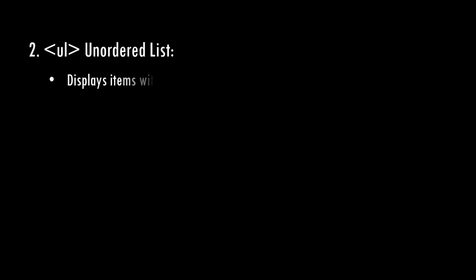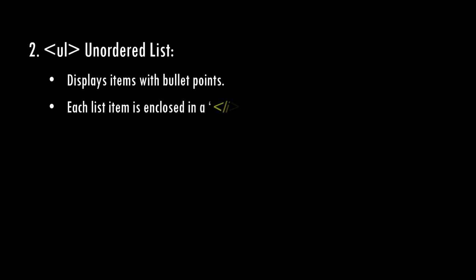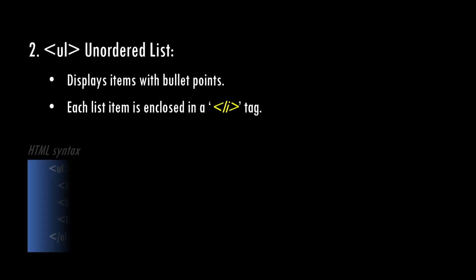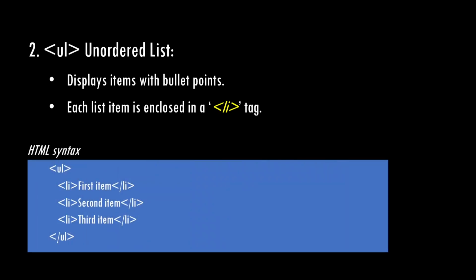The next list item is unordered list. Displays items with bullet points. Each list item is enclosed in a li tag. It's like the ordered list, what we have previously seen. Here is the basic HTML syntax.